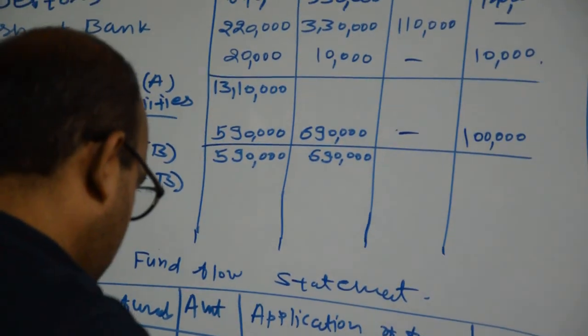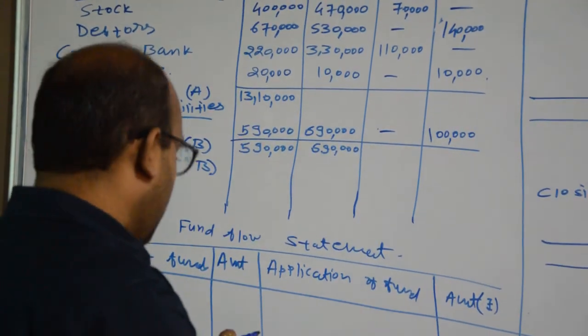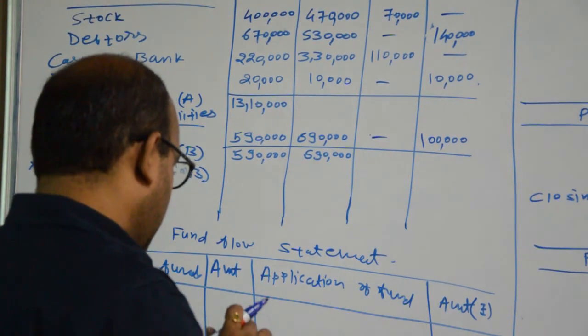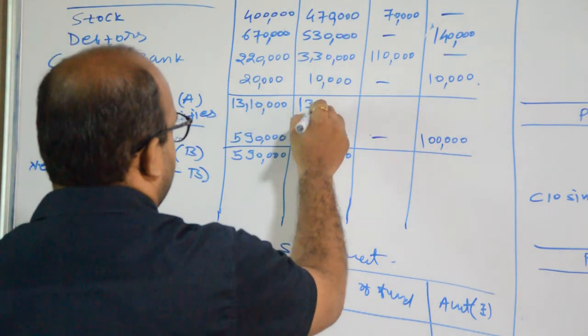Then for the current year 2017, 4,70,000 plus 5,30,000 plus 3,30,000 and 10,000, 13,40,000 rupees.